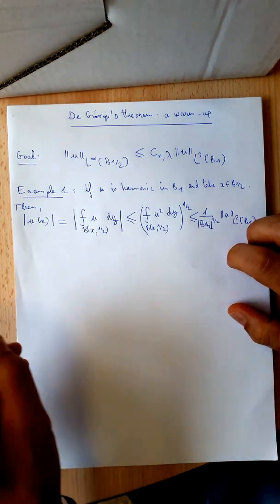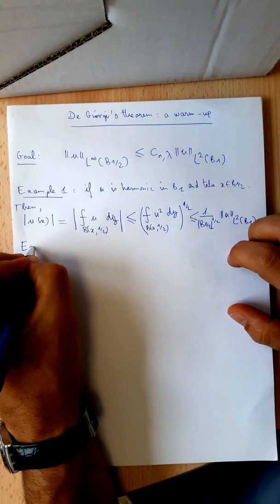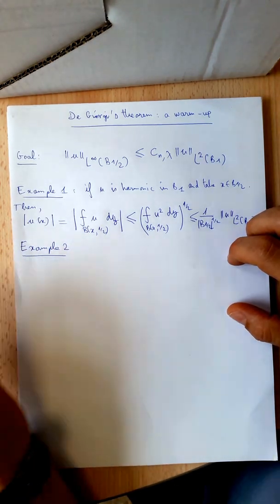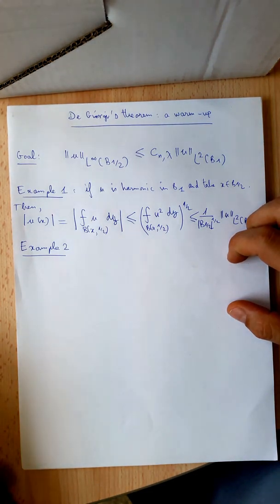Now let us turn to a more difficult example, which is going to give us the general strategy for the general theorem.